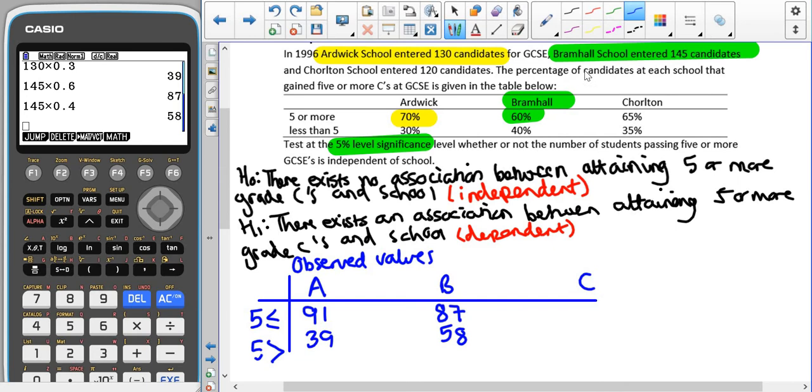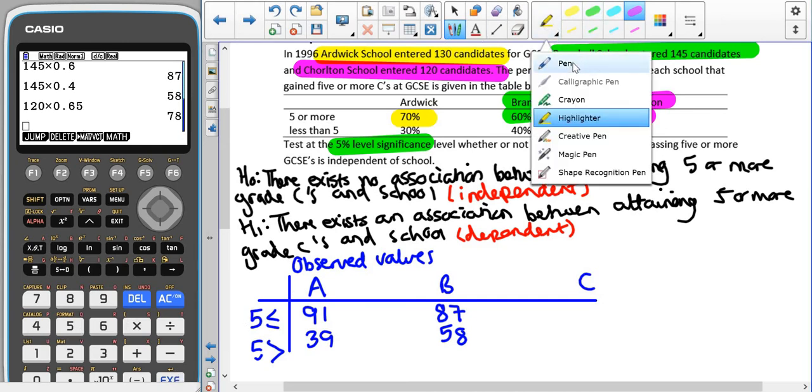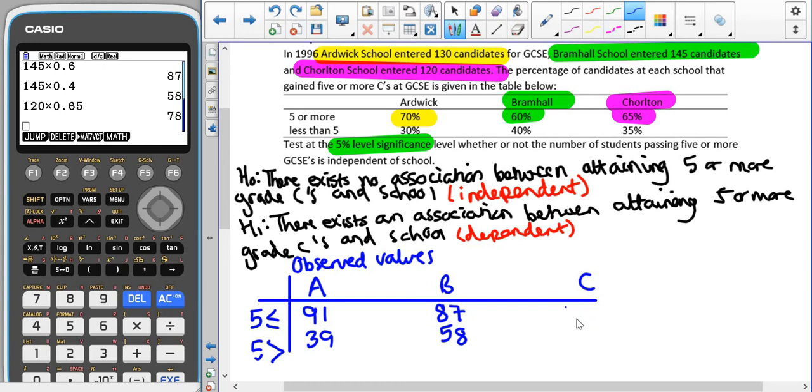Lastly, we have Charlton School, who entered 120 candidates, and then we have 65% of those getting 5 or more, so 120 times 0.65 this time, which gives us 78. And then 120 times 0.35, which gives us 42.